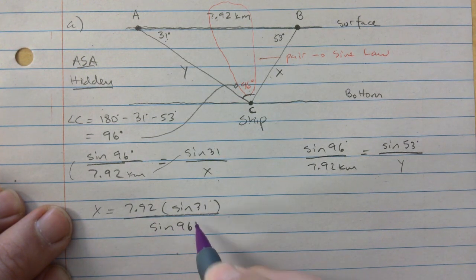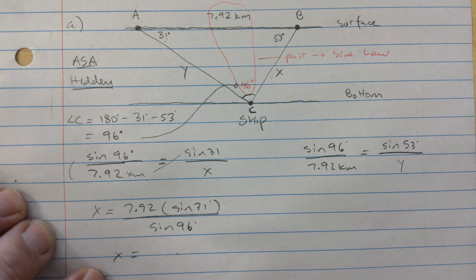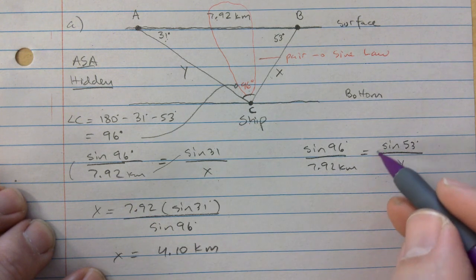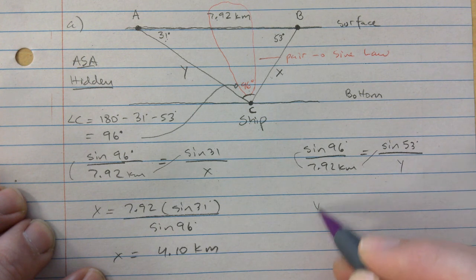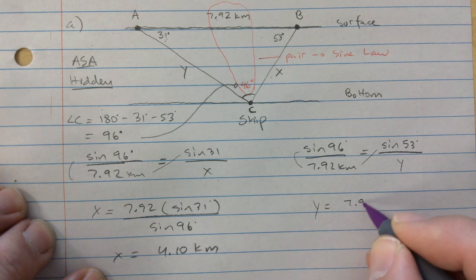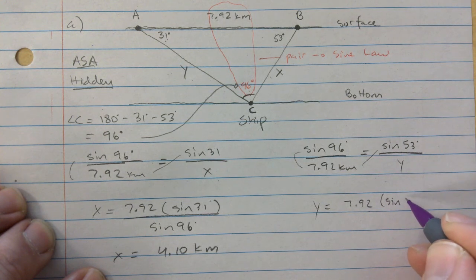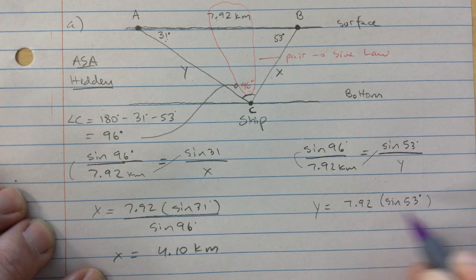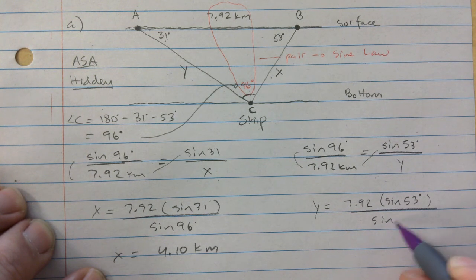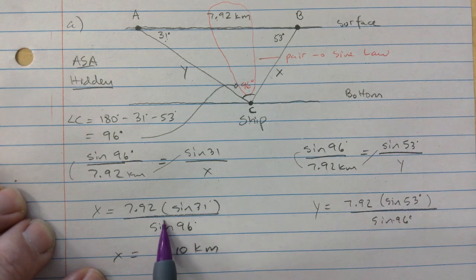Sine of 96. So X is equal to 4.10 kilometers, if you type that in. Here you cross multiply and divide. As you can tell, these are very similar, except for the sine of 53 here and sine of 31 there.